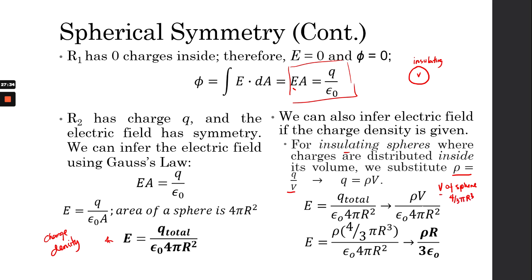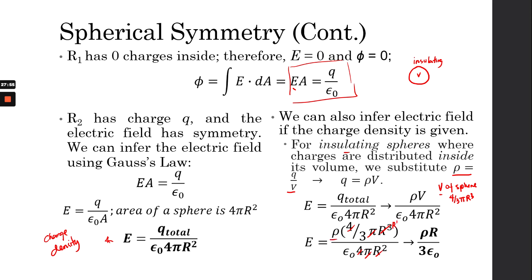So we're changing this V into 4 over 3 pi r cubed, and we can cancel the r's, we cancel the pi's, and the 4 also gets cancelled. So what's left is one r left there.